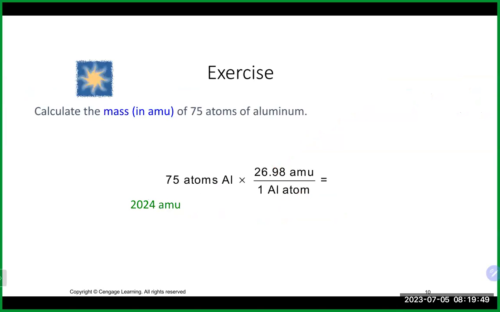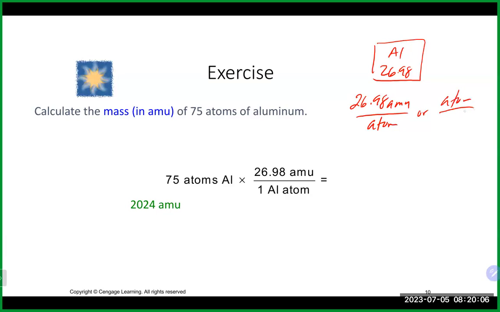And if we did it for something like aluminum, if we went to aluminum off the periodic table, once again, you would see 26.98 on the bottom there. And that again would mean 26.98 AMU per atom, or an atom is 26.98 AMU.